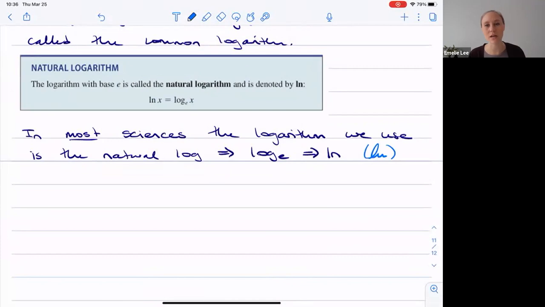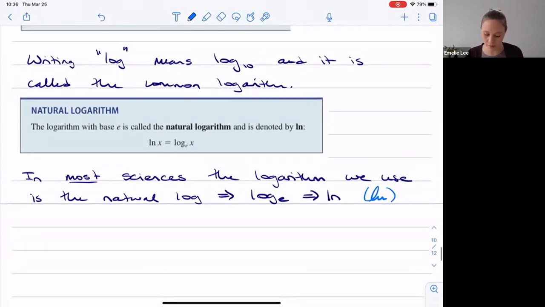We use a lot of natural logs, and that's why I've developed all these bad habits. So I just need you to know what I mean when I write this little scribbly ln. It's the natural log, and sometimes if I say log, I probably mean the natural log. It's just the log base e.